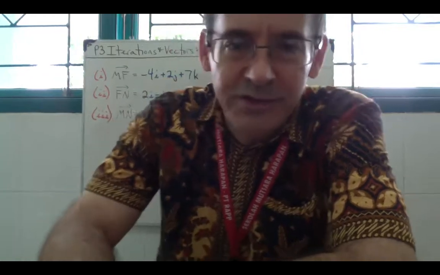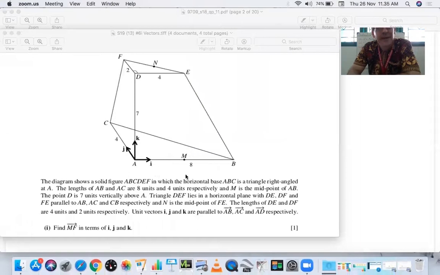Okay, let's go on to our second diagram, and I'll show you here. Here's the diagram. Now, this one's a little bit more complicated, so I'm going to try to show you from the picture instead of from the board. Again, notice this comes from S19 paper 13, number 6.